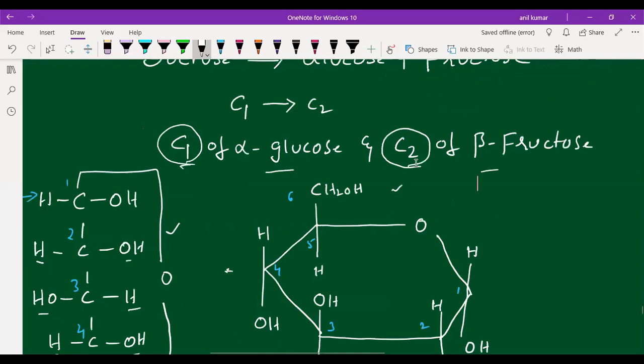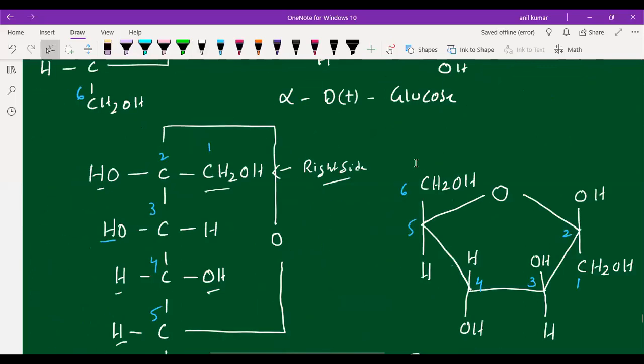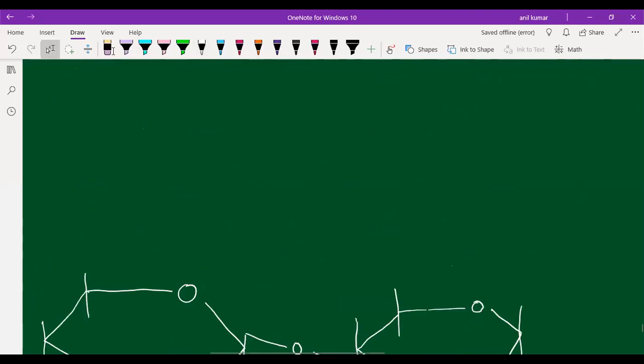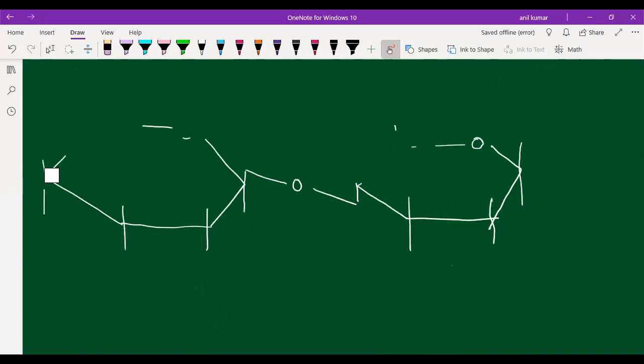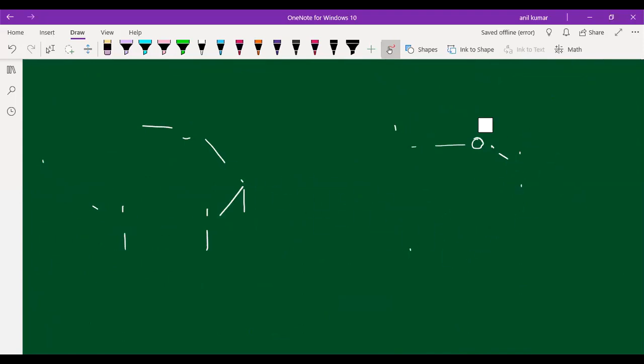Okay, students, now I am going to draw the structure of sucrose by taking alpha D-glucose and beta D-fructose. The structure which I am going to draw is somewhat easier compared to the textbook structure. So let us draw the structure. Sucrose is a combination of glucose and fructose.